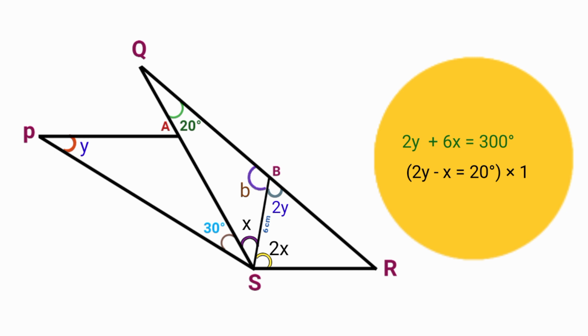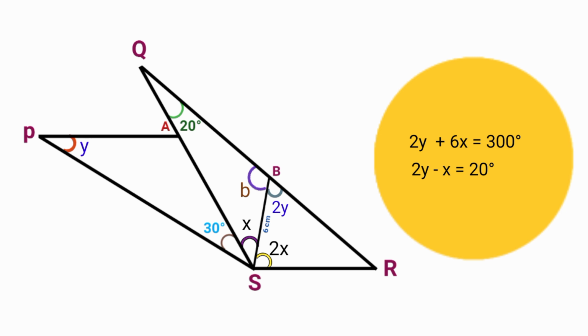So here 2y plus 6x equal to 300 degree. But this equation will not change because it was multiplied by 1, and anything multiplied by 1 does not change. So now 2y plus 6x equal to 300 degree and 2y minus x equal to 20 degree.